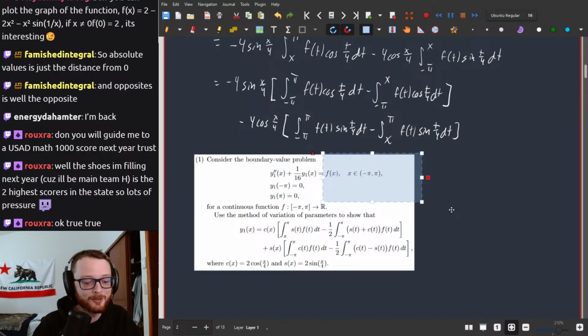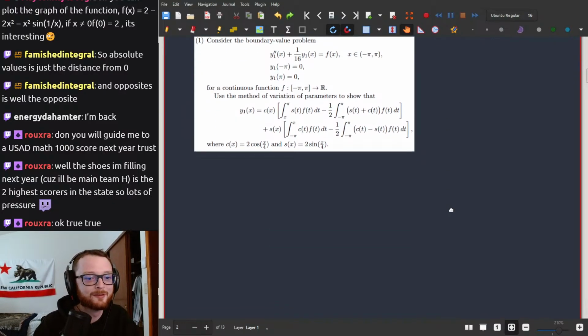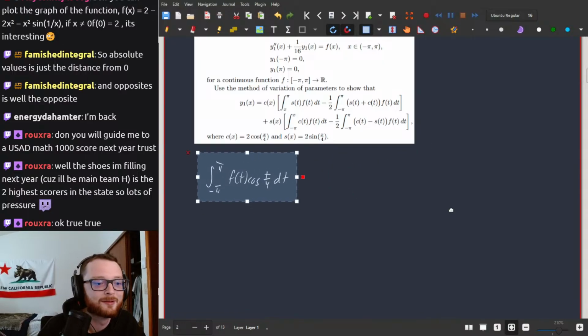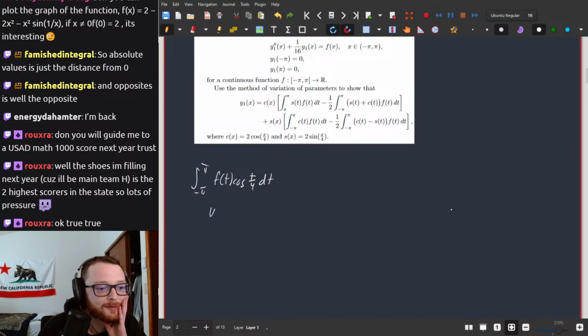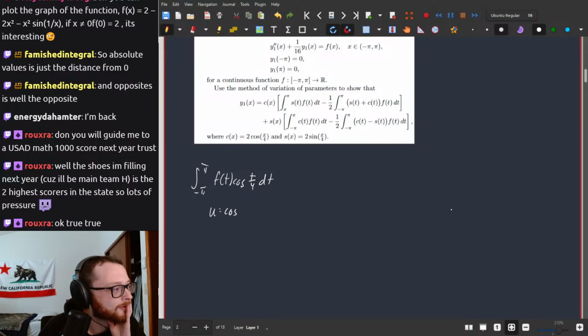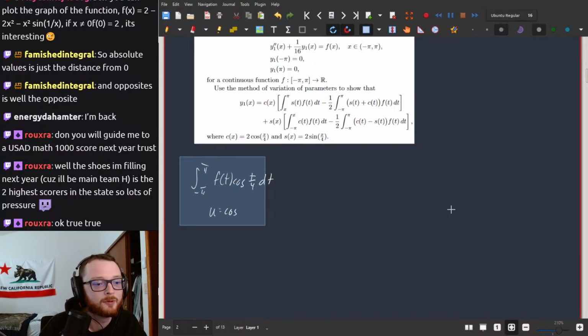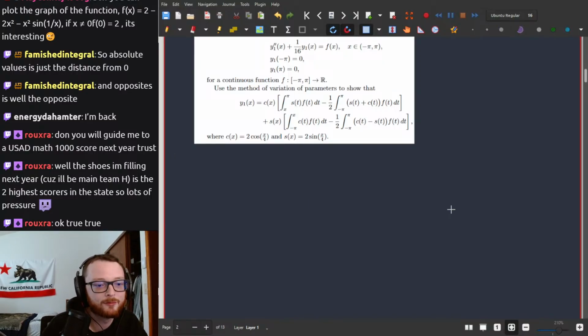I don't know if I'm cooking or not. U is equal to, well, wait. No, I don't think integration by parts works. So I don't want to integrate or derive f.